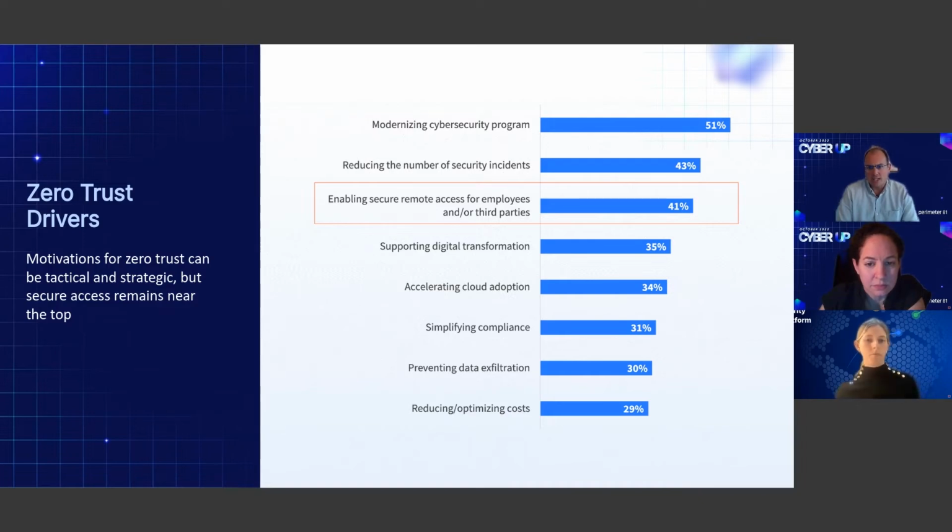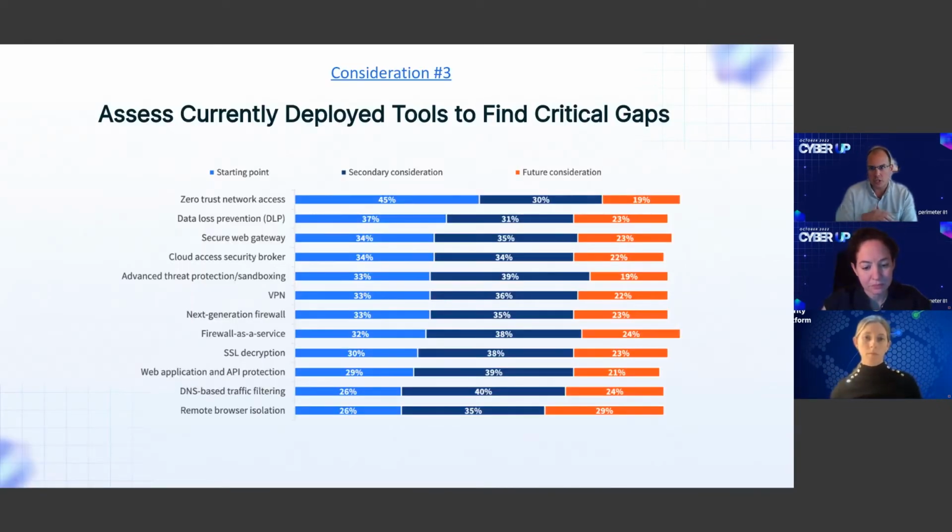But I've highlighted this idea of enabling secure remote access, and this is one area I'll talk about a bit later in terms of finding gaps, where traditional practices were really fundamentally broken when you think about VPN based models, both in terms of scalability and security. And so a lot of organizations are turning to Zero Trust to help modernize secure remote access as a starting point. And then obviously, as these initiatives broaden out, that will be incorporated as well. So this is where SASE and Zero Trust really start to come together.